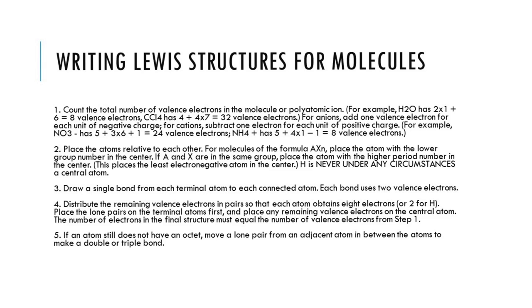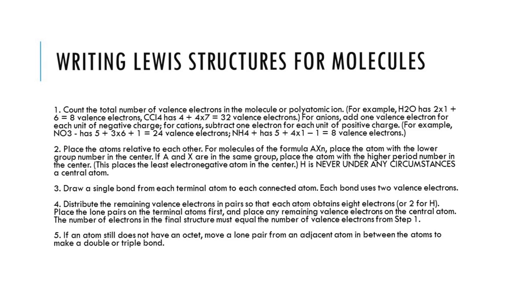Draw a single bond from each terminal atom to the central atom. Each bond uses 2 valence electrons. Distribute the remaining valence electrons in pairs so that each atom obtains 8 electrons, or 2 for hydrogen.